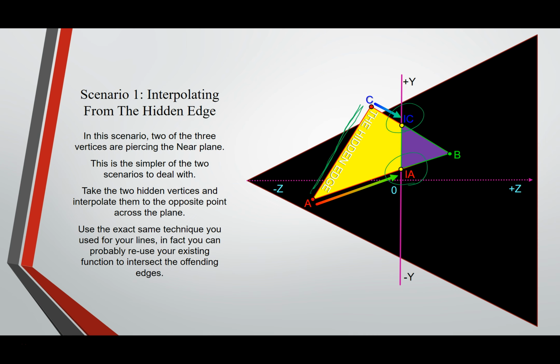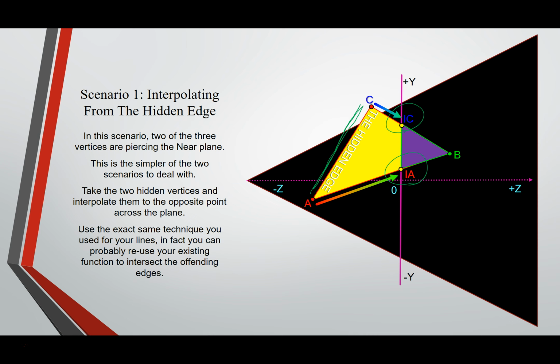Now keep in mind, it's not always going to be this diagram you see here. It's not always going to be A and C are behind and B is in front. It could be the exact same situation, but with C in front and A and B behind, or A in front and C and B behind. So there are a couple of combinations you have to be on the lookout for.